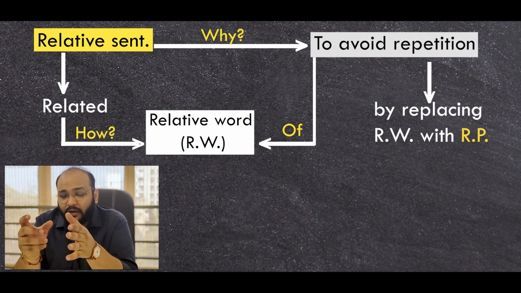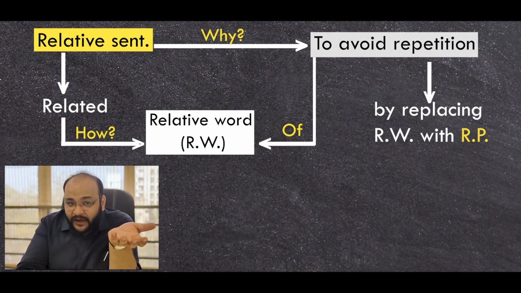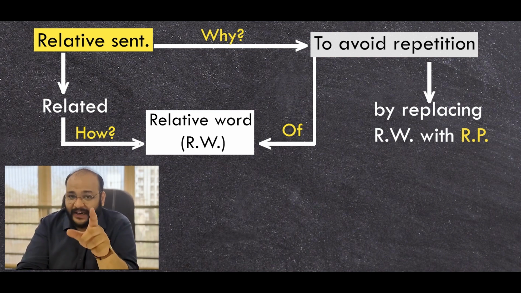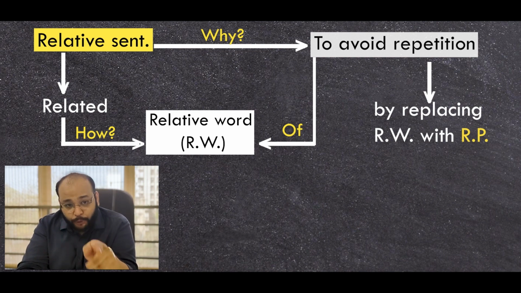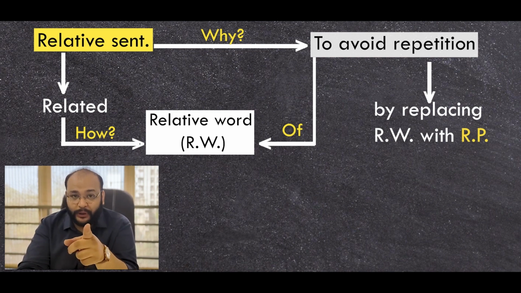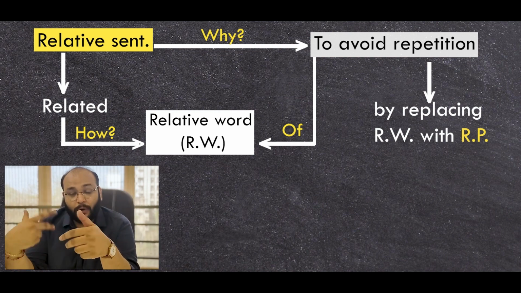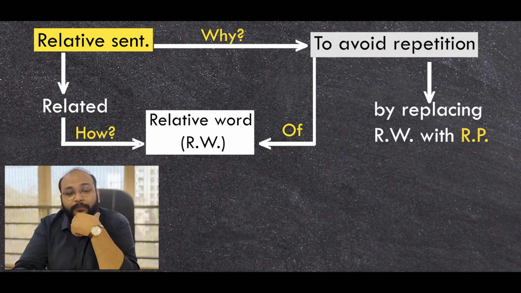So in German, what kind of relative pronoun do we use? Once again, let me remind you that a relative pronoun is nothing but a pronoun which replaces the relative word. So we are using the relative pronoun in place of the relative word in the second sentence, to avoid the repetition of the relative word.